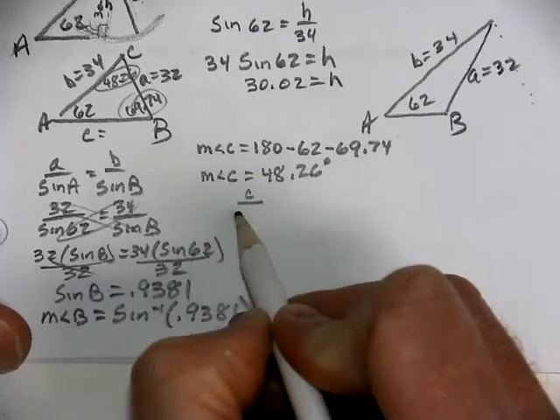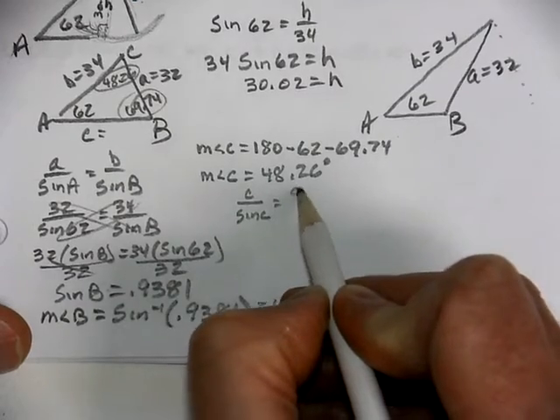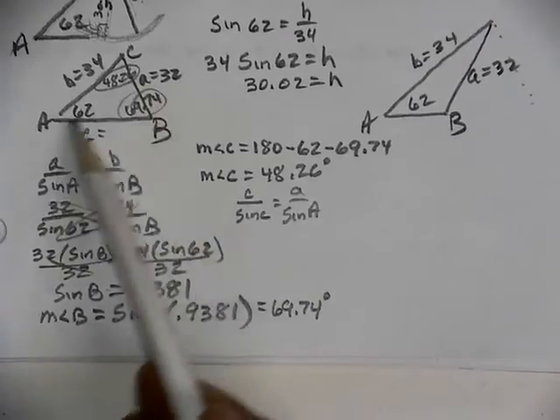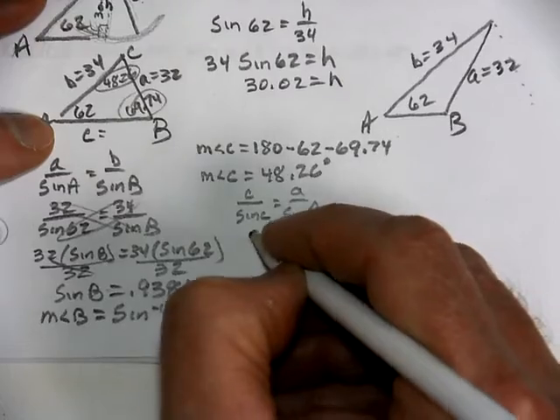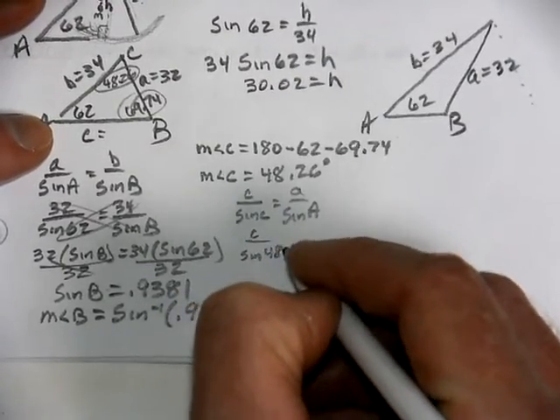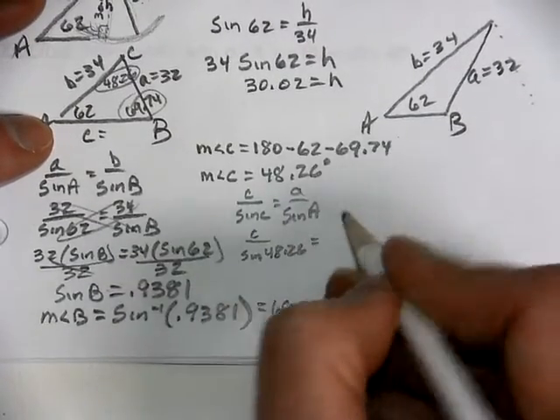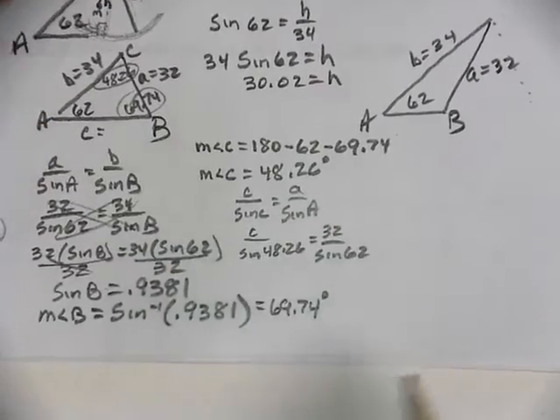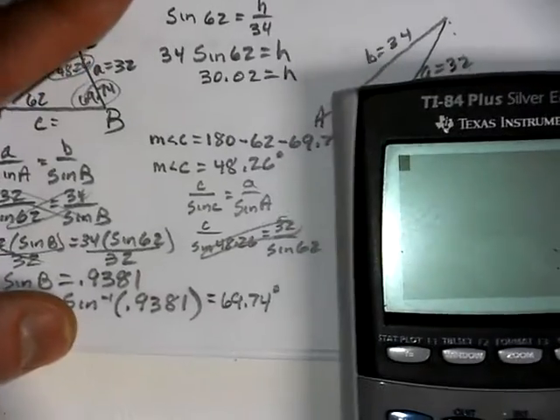So we have C over the sine of C equaling A over the sine of A. I would suggest to keep using the A's because that was the original information that they gave us. We don't know C, so the sine of C is going to be 48.26. 32 over the sine of 62. We can cross multiply.